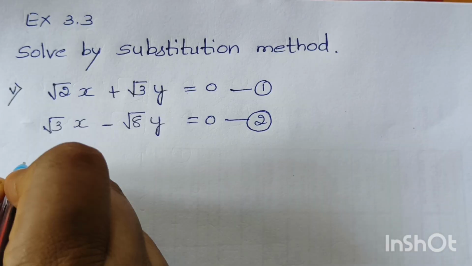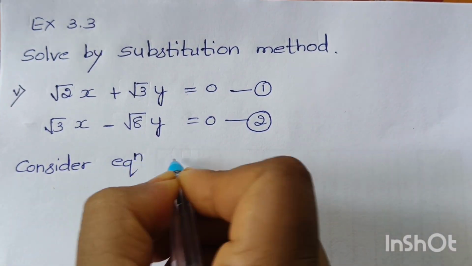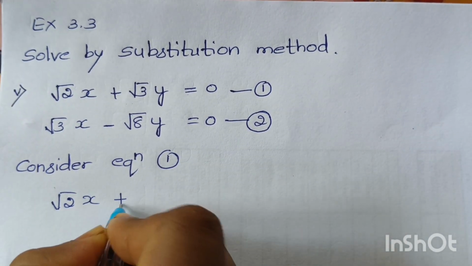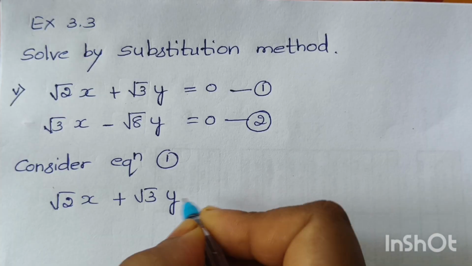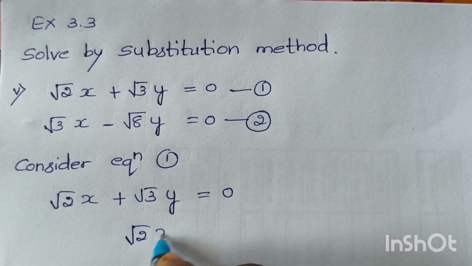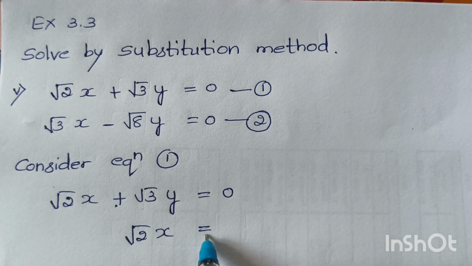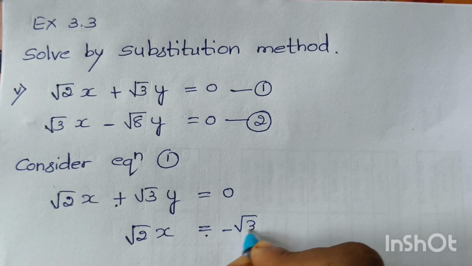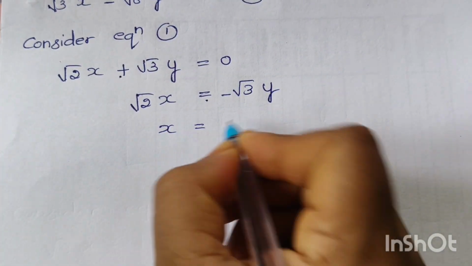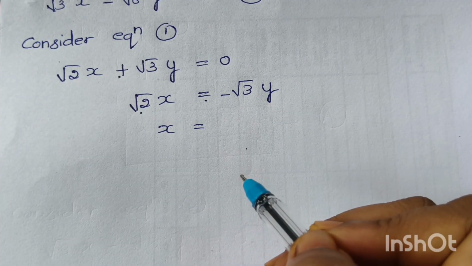Consider equation 1, that is √2x + √3y = 0. √2x is equal to minus √3y, because when it crosses the equal to sign, it becomes minus. Here x is in multiplication, so when it comes to this side, it becomes division.